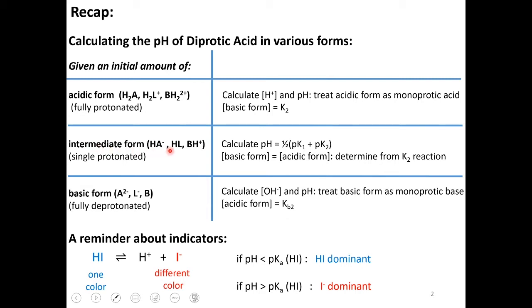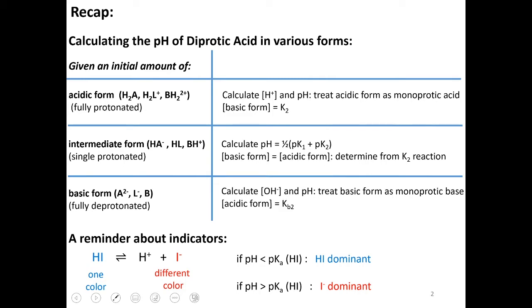It's the intermediate form that works differently from anything we'd seen. If we started with the intermediate form of an acid, for example, if we had a bottle of HL and we dumped it in some water and let it dissociate and associate, since it can lose protons and gain them, what does its final pH wind up being after equilibrium is reached? Well, it winds up being rather simple to calculate.